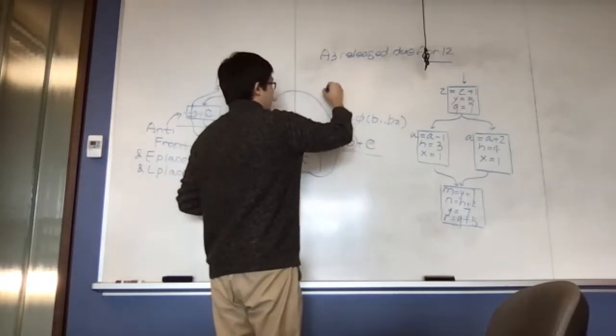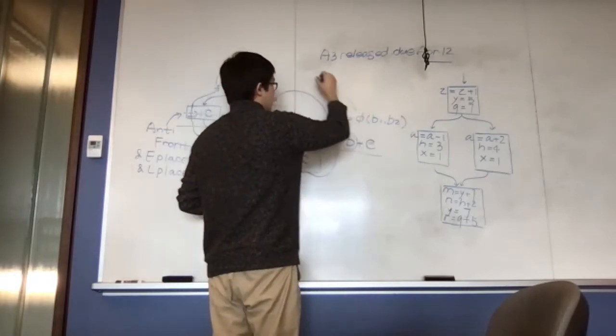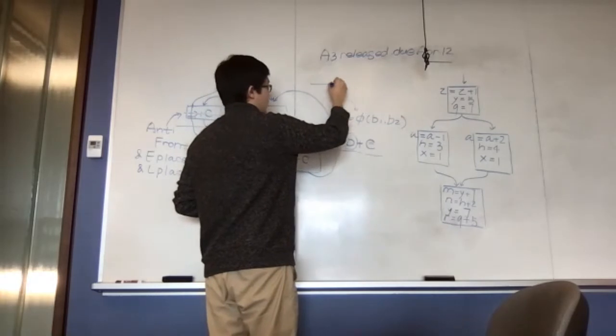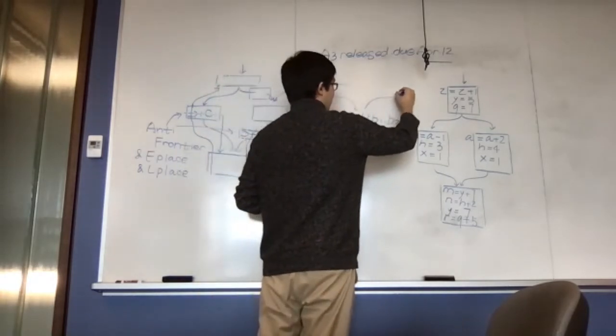B1 comes from this basic block here, and B2 comes from another basic block here.